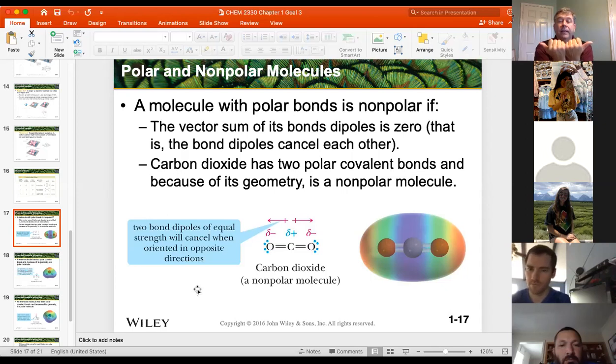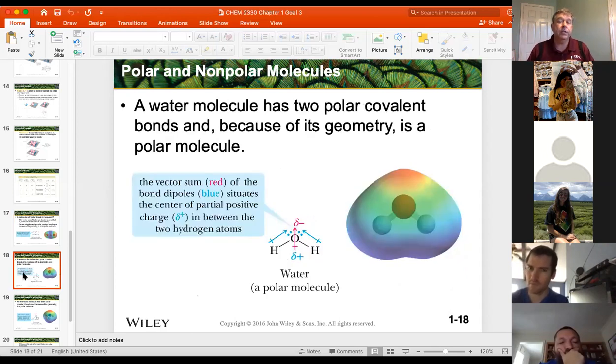Our electronegativities tell us that they're polar bonds. So our sp tells us that we have equal and opposite bonds, and therefore our electronegativities cancel each other out, giving us a non-polar molecule, okay? So we're adding hybridization, shape, and electronegativity together to tell us whether we have a polar or non-polar molecule.